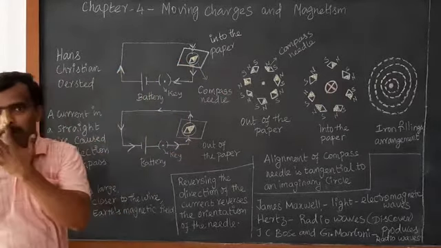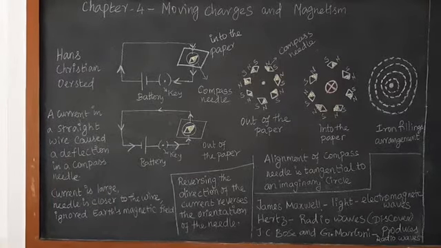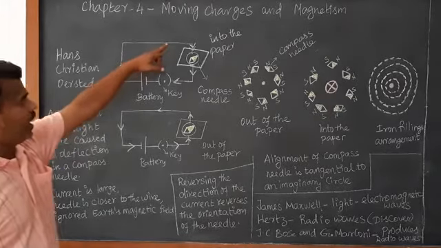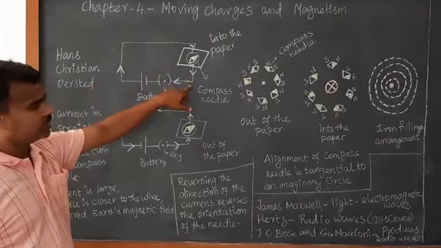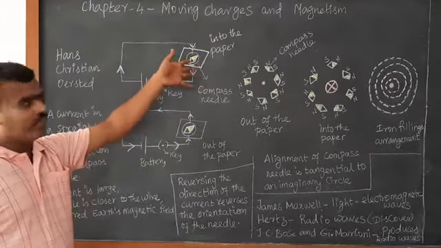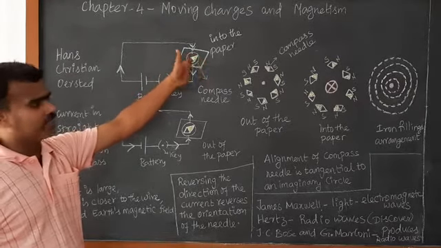I hope that is clear. And suppose, in the downward direction, north, and this is south, west, east, the compass needle will deflect in the east direction.